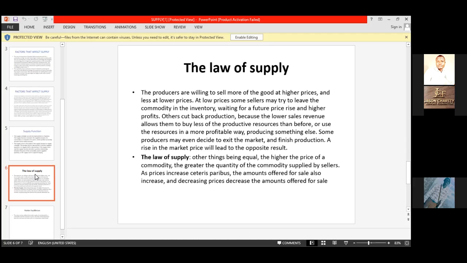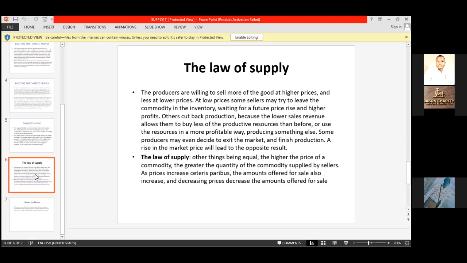But if the price reduces, you reduce the quantity you are supplying to the market because you don't want to be at a loss. So the law says that the higher the price, the higher the quantity supplied, and the lower the price, the lower the quantity supplied.